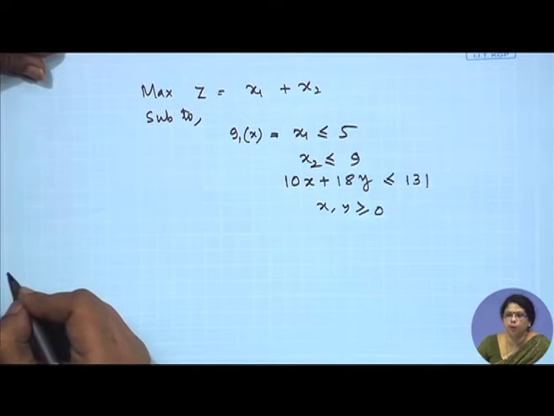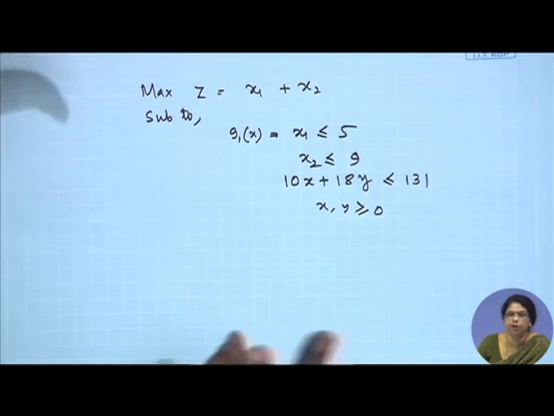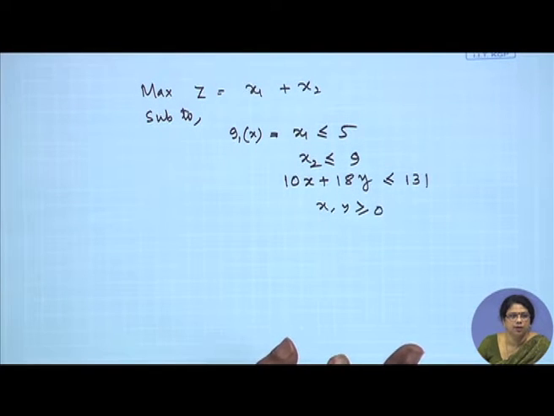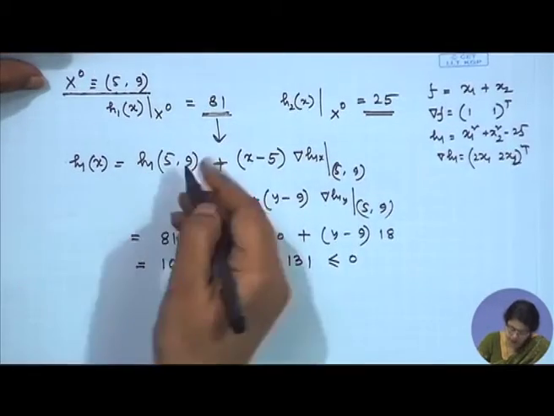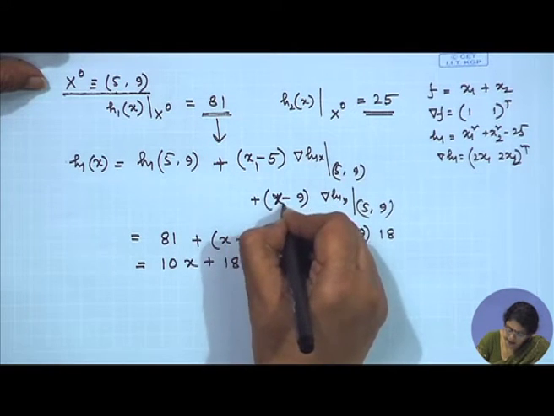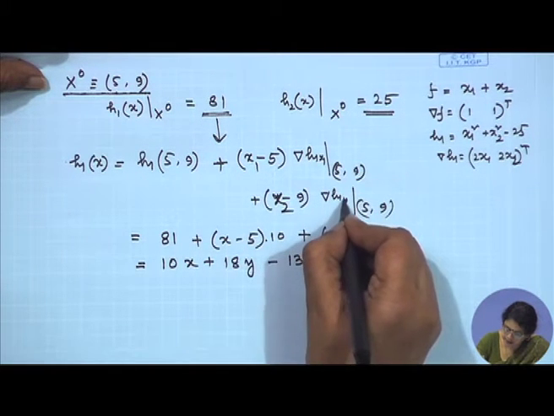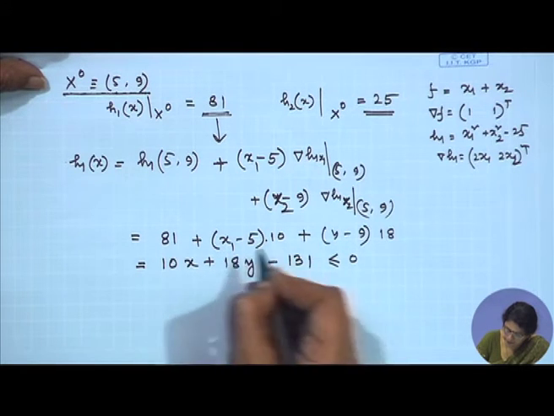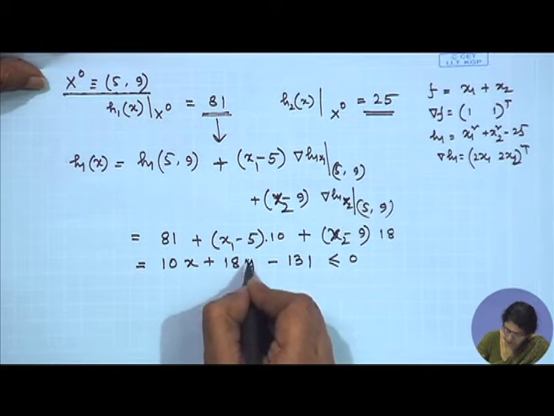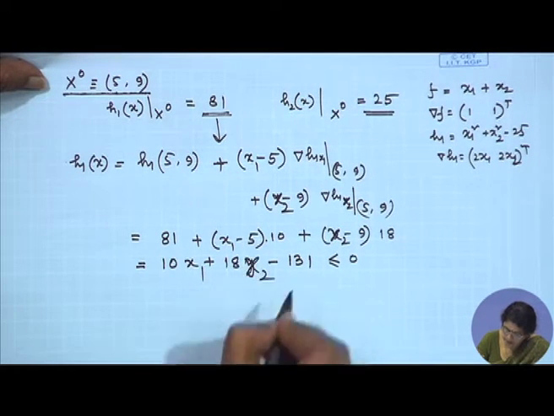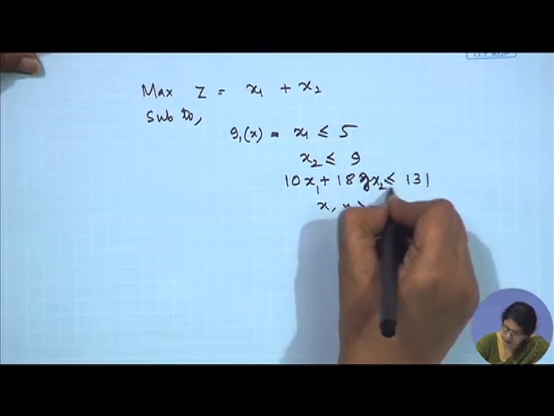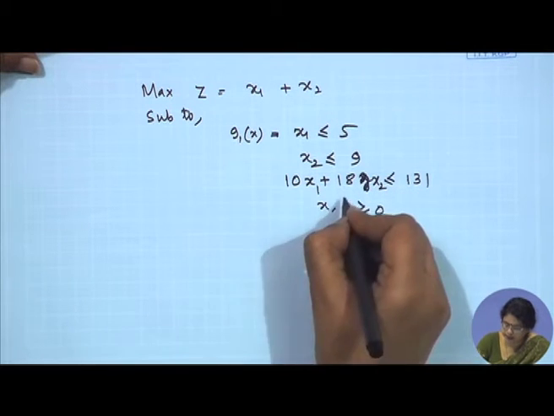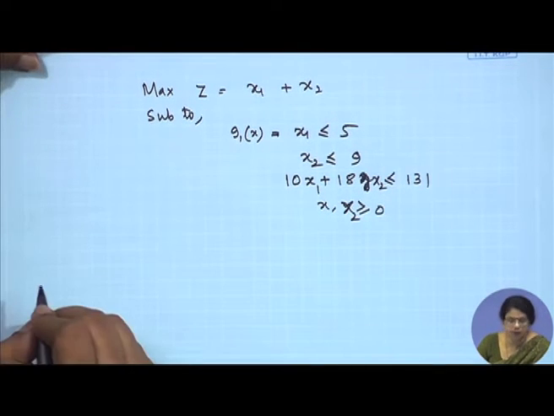Actually it should not be x and y, it should be x1 and x2, you are right. So 10x1 plus 18x2 less than or equal to 131, x1, x2 greater than or equal to 0.